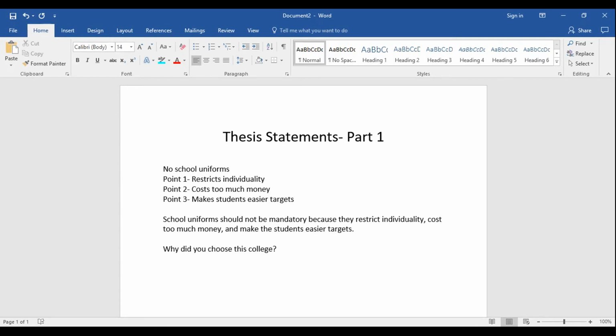So with this one, point 1 would be class size. Point 2, you might talk about the location, if it was closer to home or further away from home. And then point 3 would probably be the cost.